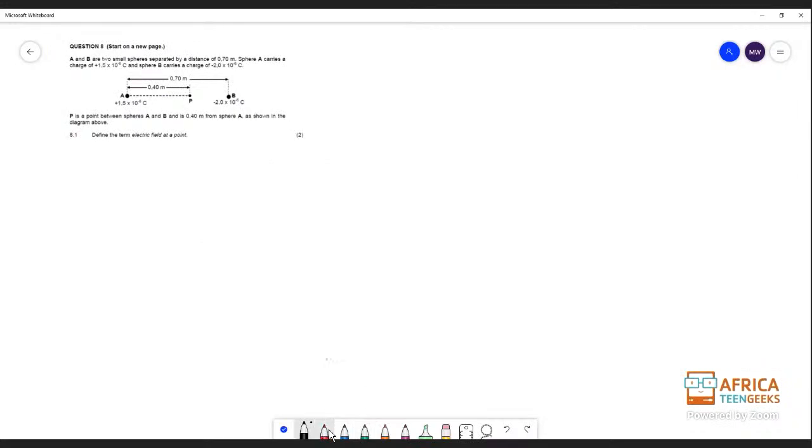Okay, so we're going to use the formula E is equal to K times Q over R squared. And we want to find the net electric field.